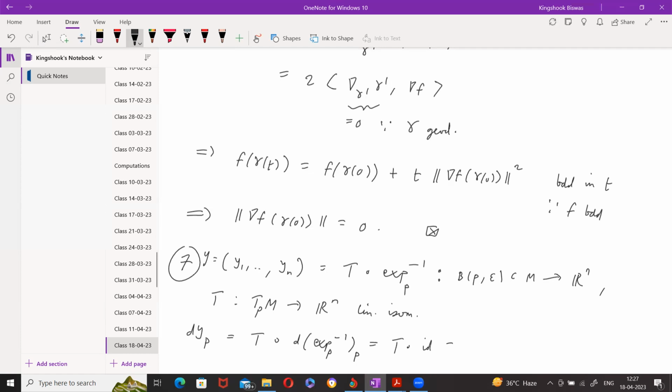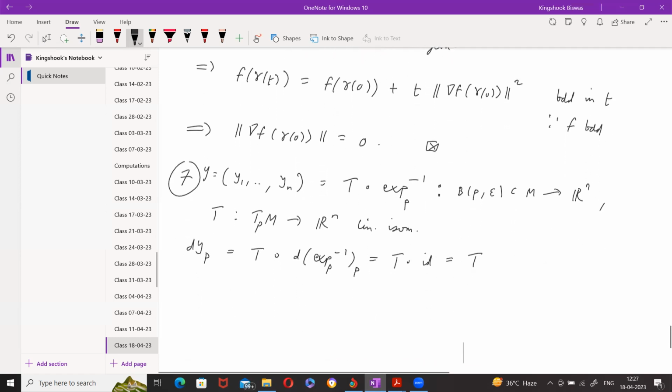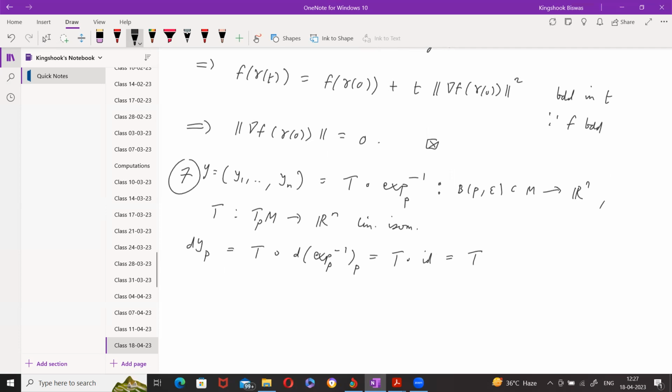So the derivative is just T, and dy at P acting on del yi at P is equal to e_i.